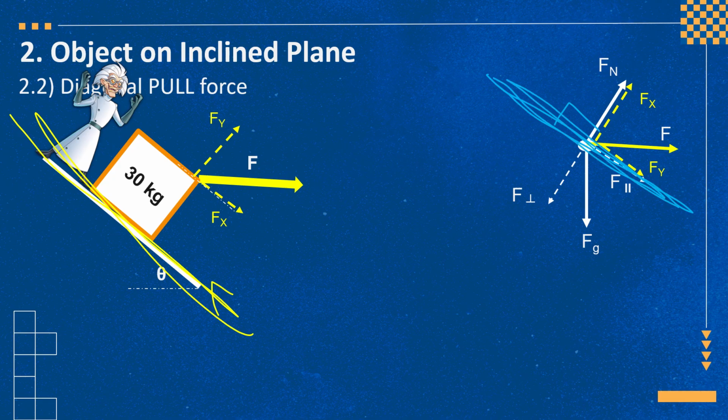So that yellow diagonal force relative to the surface will be like a kind of upwards pulling force, pulling the crate somewhere to the right, a little bit upwards from the surface. So that yellow applied force also has two perpendicular components, the Fy and the Fx.